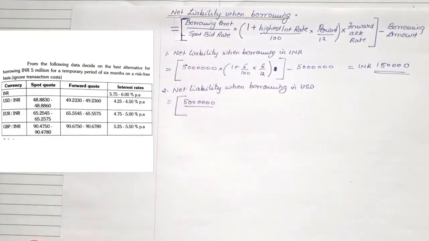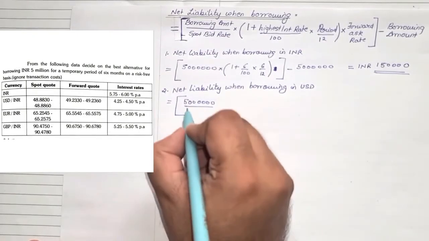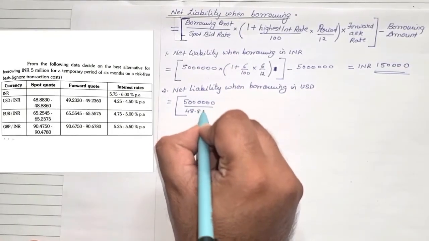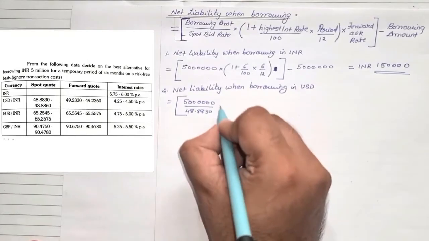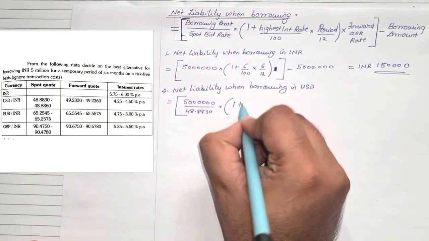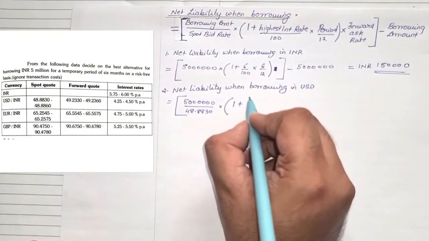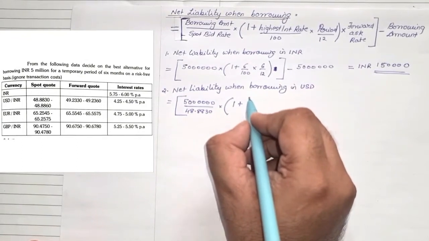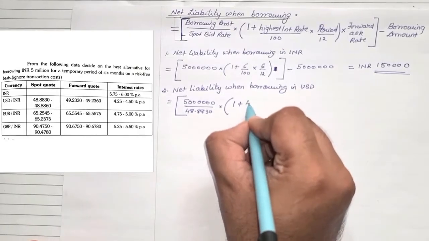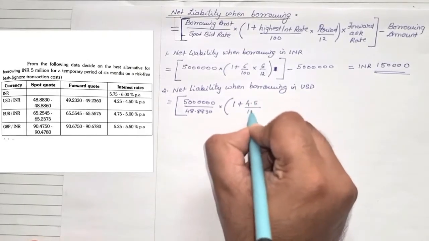Spot has a bid and ask, so we take the bid rate, which is the first value: 48.8830, into 1 plus the highest interest rate. There are two interest rates, so I'll take the highest one, which is 4.5 upon 100.